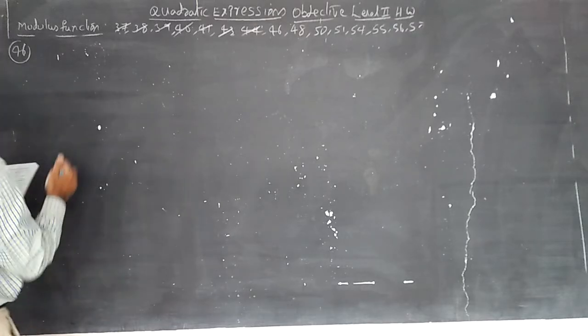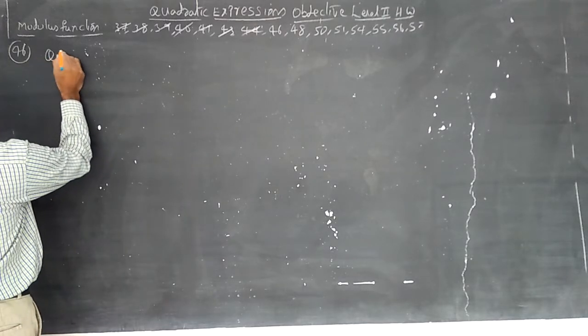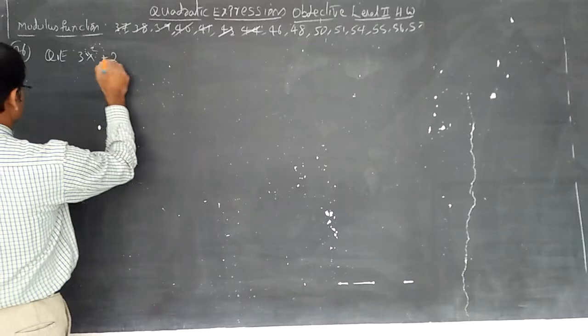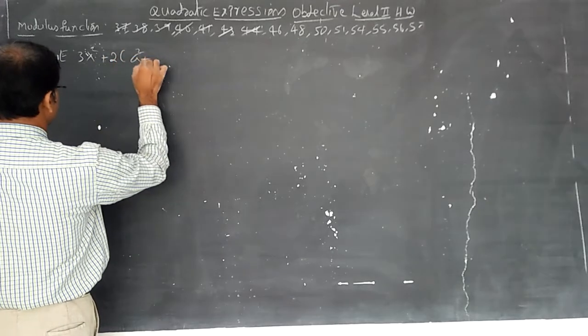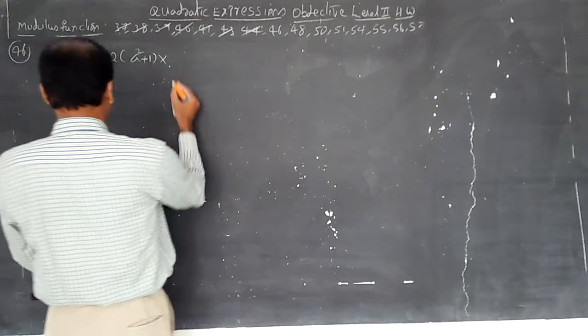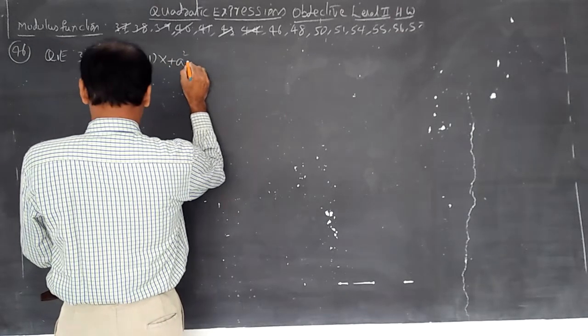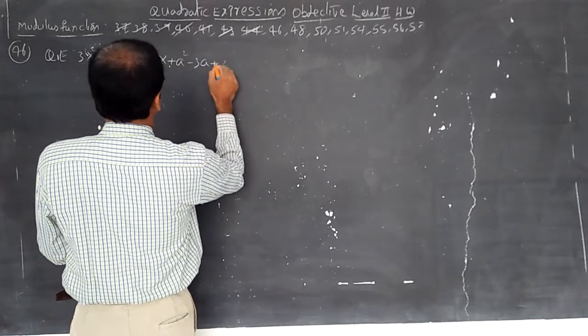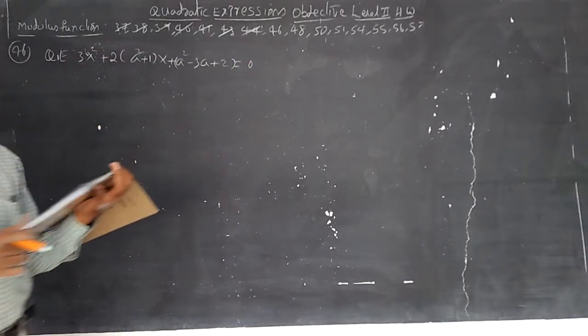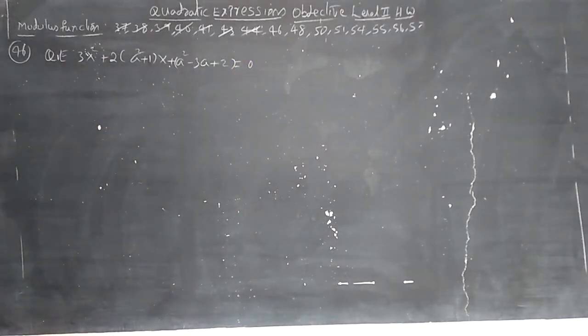The value of a for which the QE is 3x square plus 2 into a square plus 1 into x plus a square minus 3a plus 2 is equal to 0 possesses roots of opposite sign.